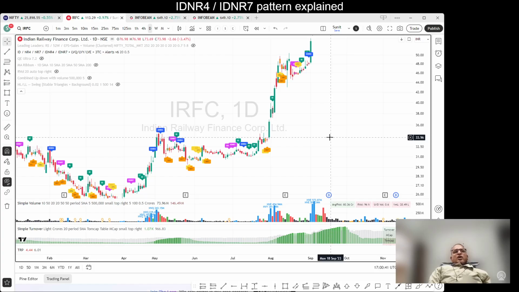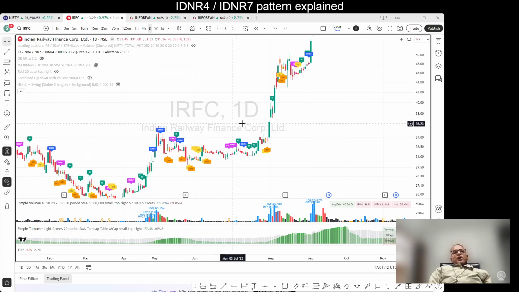When volatility contracts into very tight candles, it indicates energy building up for the next move. All these small candles we named inside narrow range 4, narrow range 7, and the combination of both conditions: inside day and narrow range 4 is IDNR4, and inside day plus narrow range 7 is IDNR7.